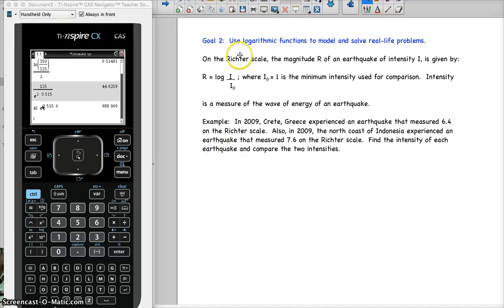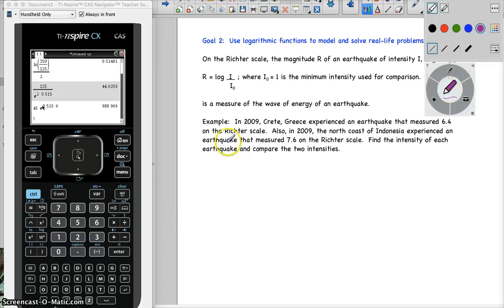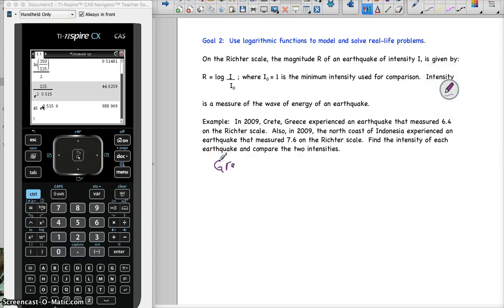So using this model, let's first look at Greece. So R equals the log of the intensity divided by the initial intensity.